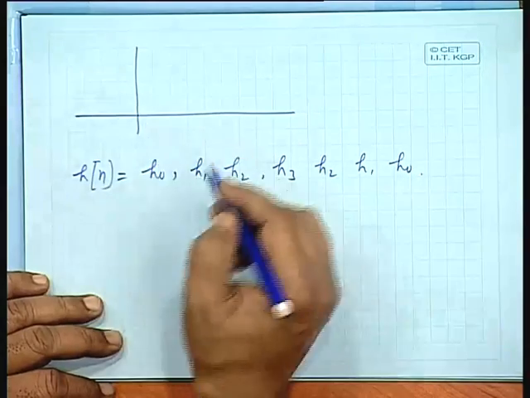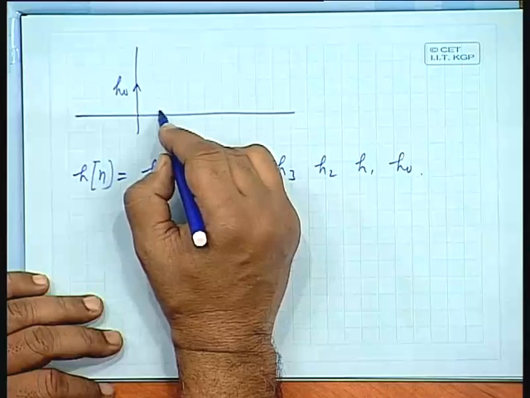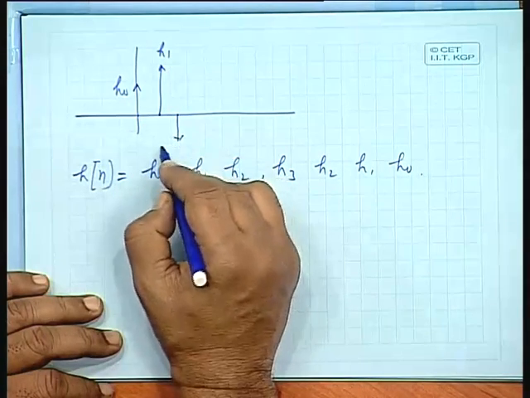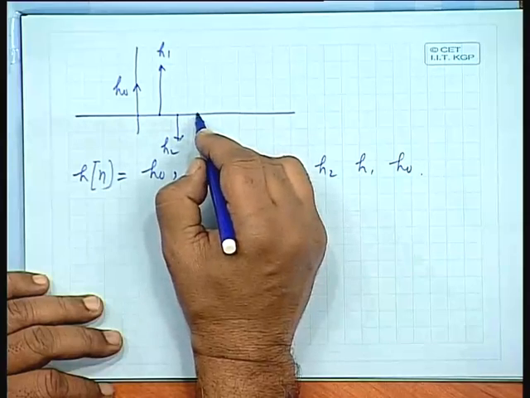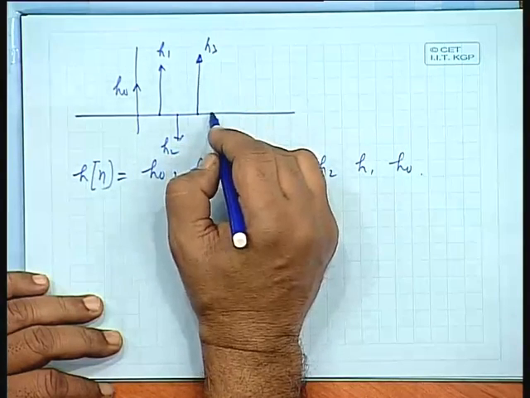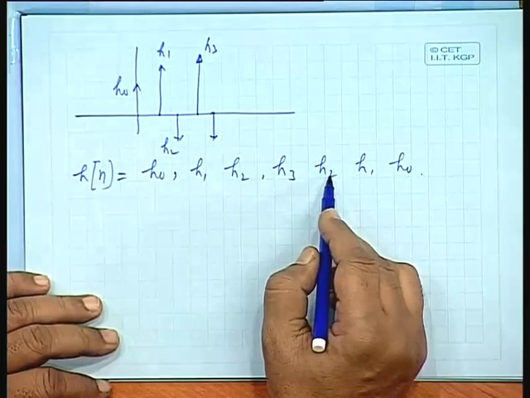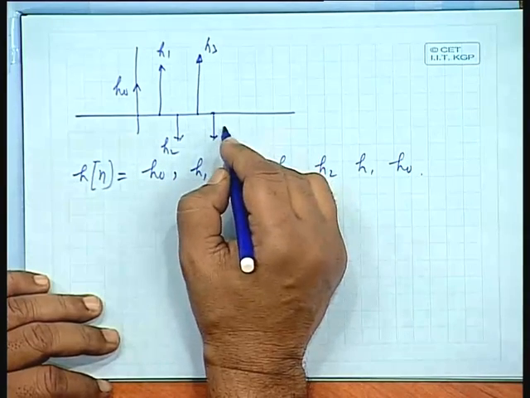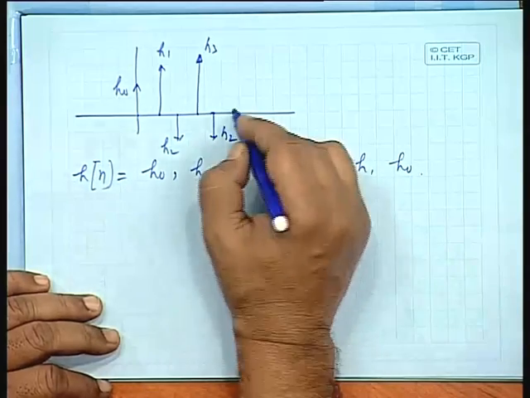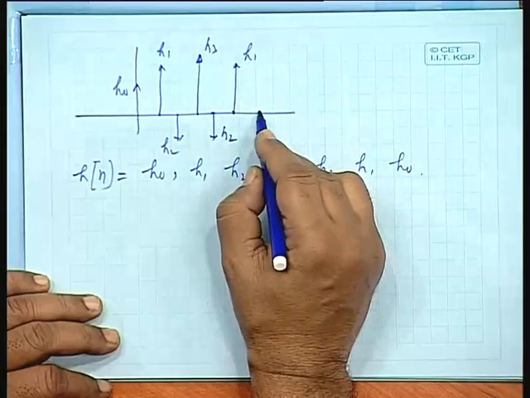That means suppose H0 is this much, H0, H1, H2, H3, then again H2, that means H4 is H2, H5 is H1, then H0.